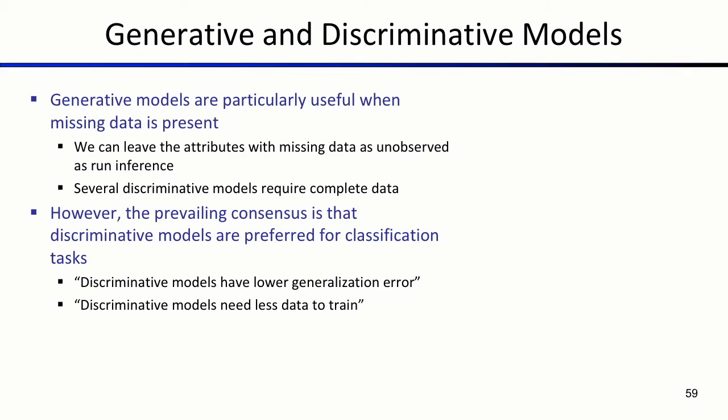That makes a little bit of sense, because if you have a model that is directly trying to estimate the probability of your labels given your data, it should perform better, at least for classification tasks, than other models that are trying to learn the relationships between all attributes that you have in the data.